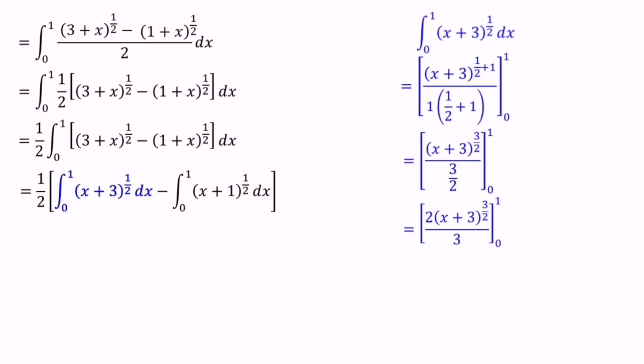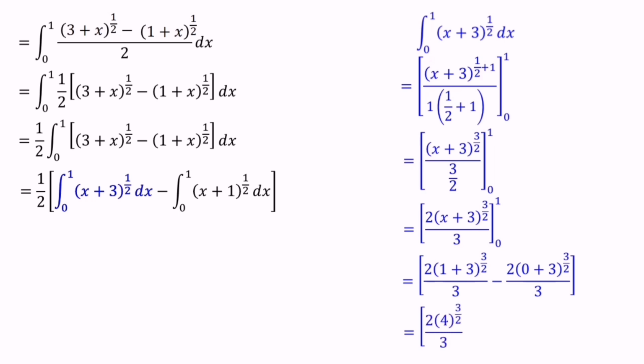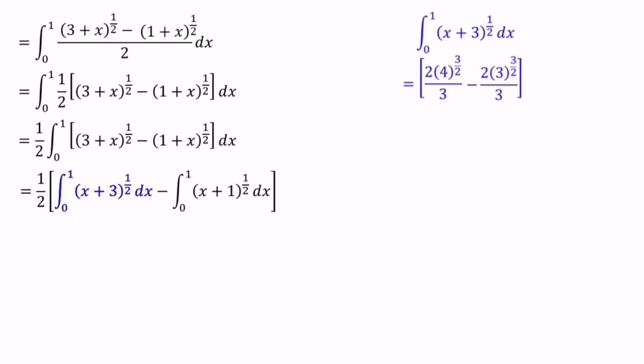Now, we need to substitute the upper limit and lower limit for this result. First, upper limit 1 minus second, lower limit 0. Then we have 2 into 4 to the power of 3 over 2 divided by 3 minus 2 times 3 to the power of 3 over 2 divided by 3. 4 to the power of 3 over 2 equals 4 to the power of 1 times 4 to the power of half. 4 to the power of half means square root 4.